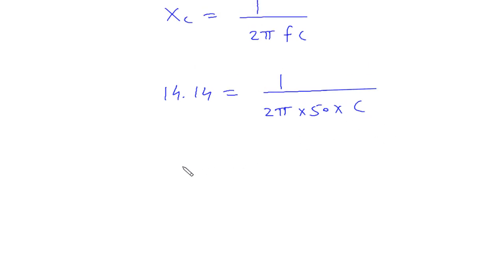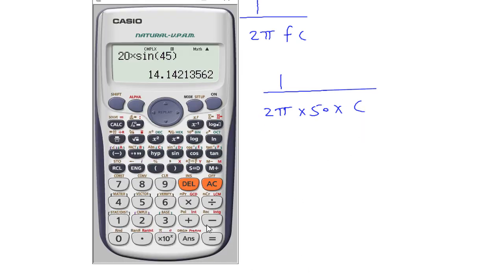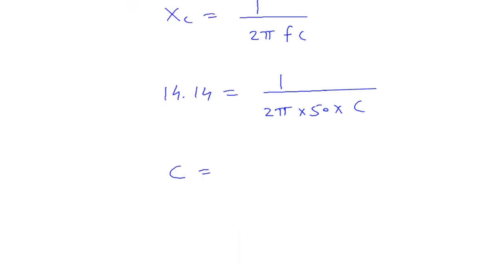From this, C is equal to 1 upon 2 pi into 50 into 14.14.